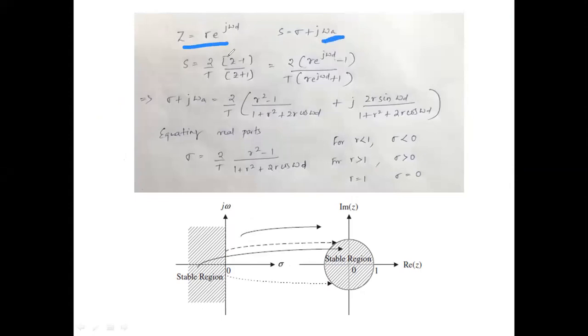Here omega d is the digital frequency, omega a is the analog frequency. So the relationship s equal to 2 by T into z minus 1 divided by z plus 1 becomes something like this. Then sigma plus j omega is converted into this particular equation, keeping only the real parts.